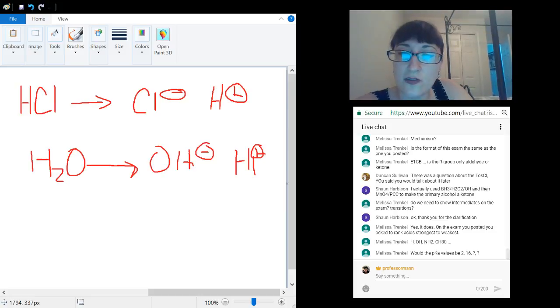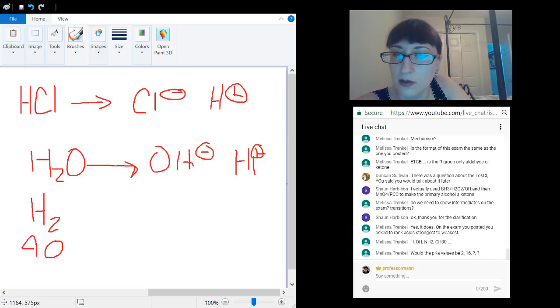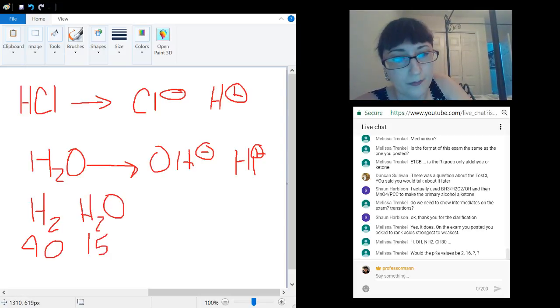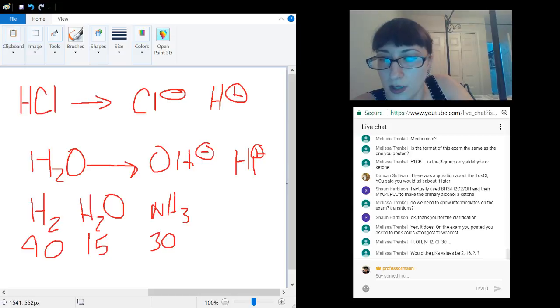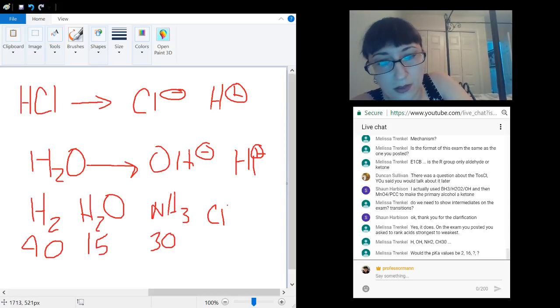So based off of that, if you're looking at hydrogen gas that has a pKa value around 40, we have water, which has a pKa value of around 15, ammonia, which is in the 30s, around 35, and then methanol, which is around 16.